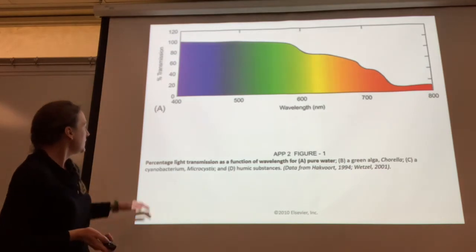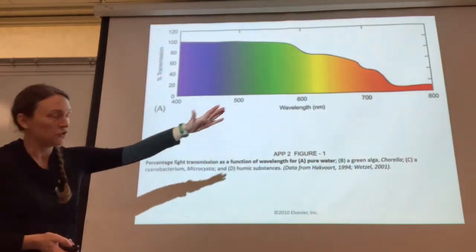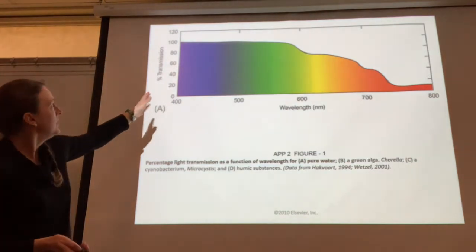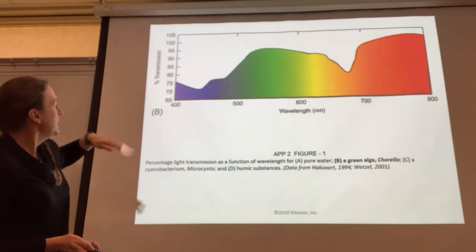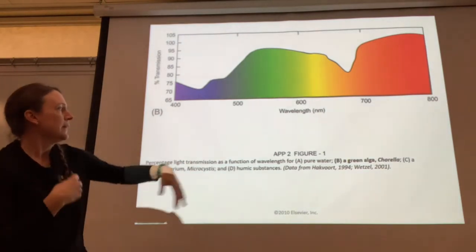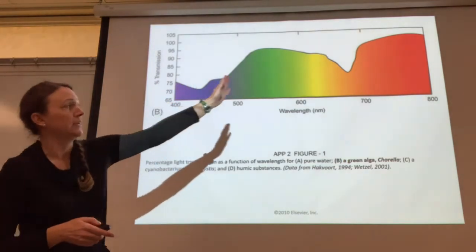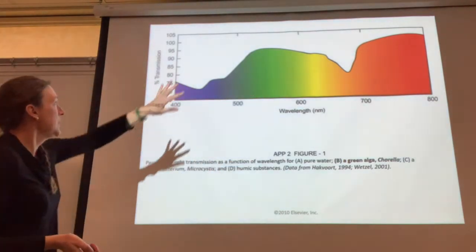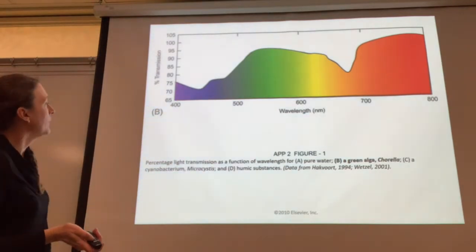All right, so here we can see the different transmissions for different light spectra. This one's for pure water, and you can see that it transmits the blue and the green. This is basically a green algae slurry, and it does not transmit the blue and the green. It transmits the red, so it's taking up those blue and green wavelengths and some of the yellow, okay?